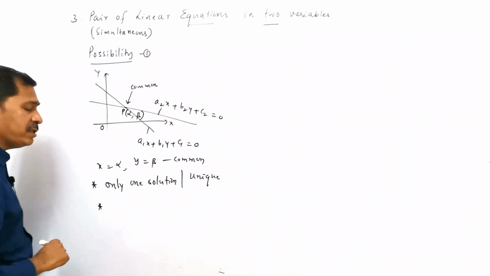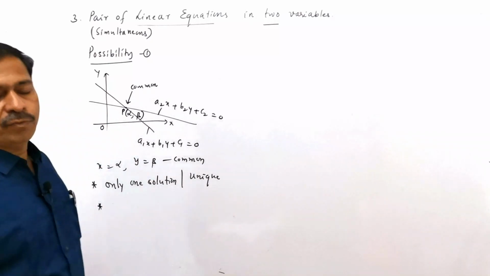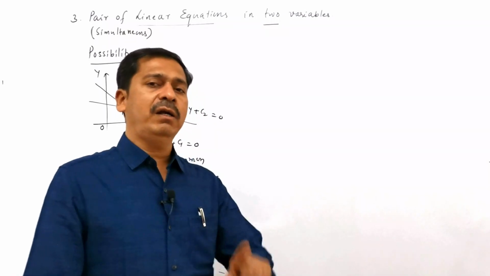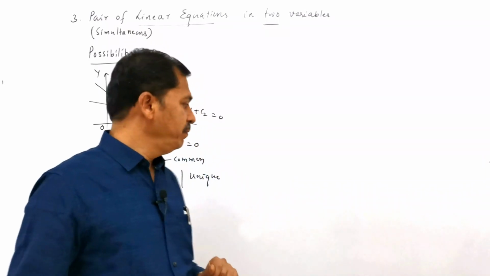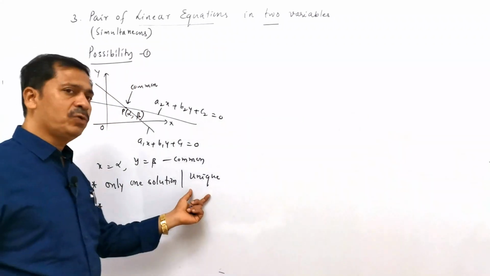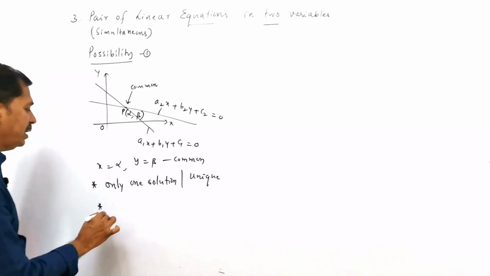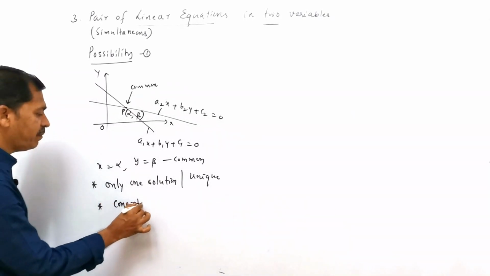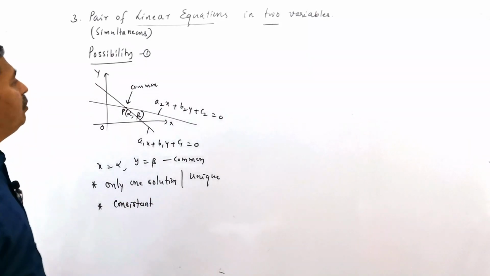The second point to be considered here is, as I explained already, if the system has at least one solution, that system is said to be consistent. In this case, it has a unique solution, definitely one solution. So the system is said to be consistent. One more very important link I would like to give you.